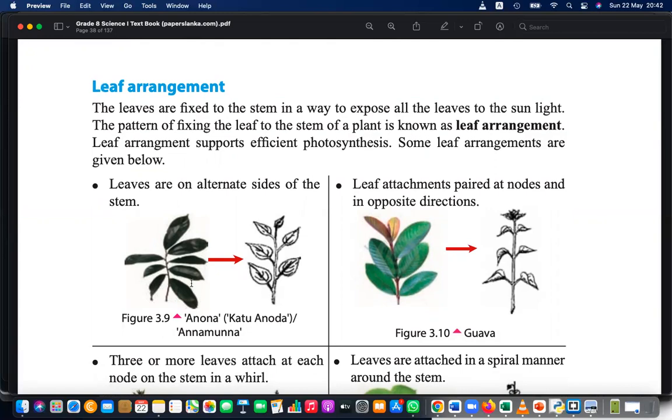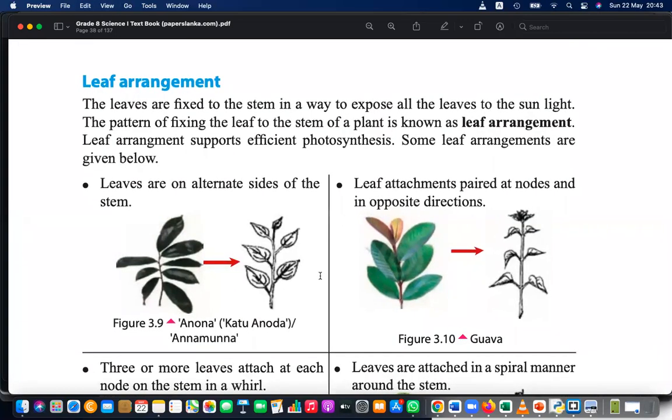This is a sample leaf. You can see here the leaves are connected on alternate sides. Let me zoom in.